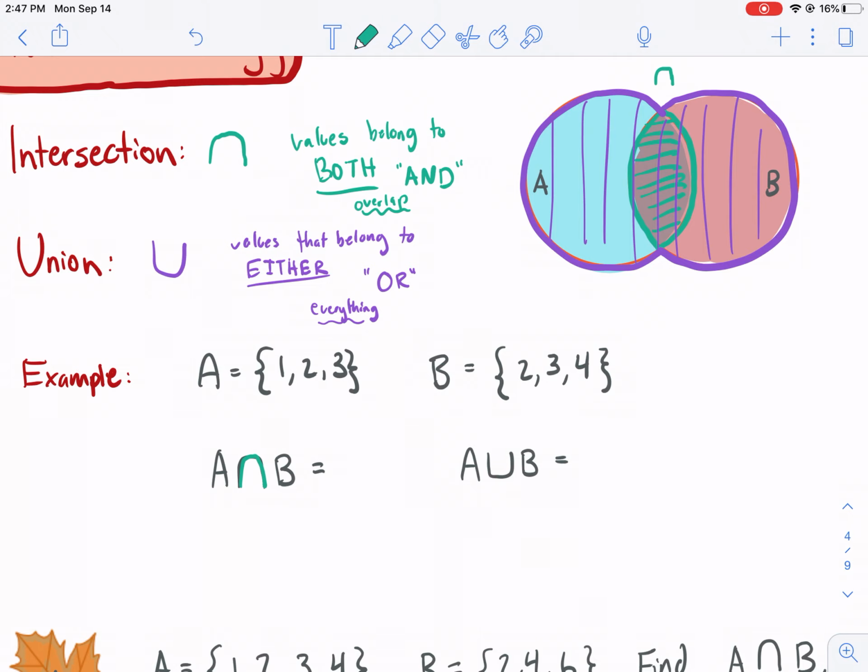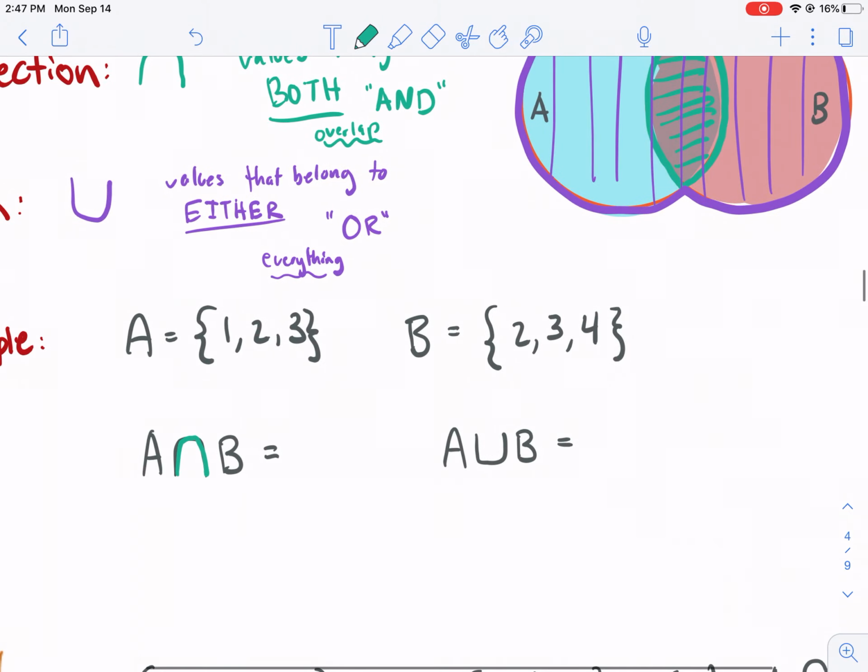We look here, and 1 is in A but not in B, so that is not in both. We're only looking for numbers in both. So 1 is off the list. What about 2? 2 is in both.